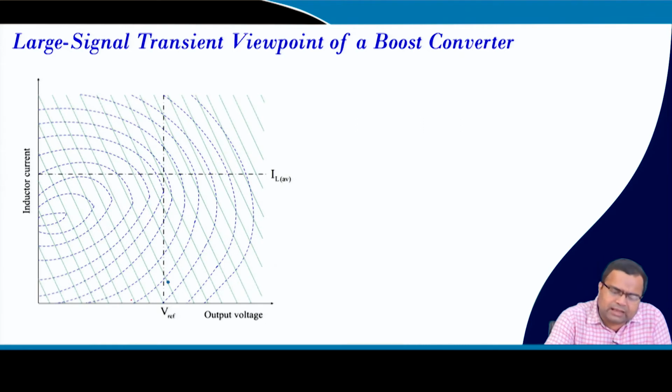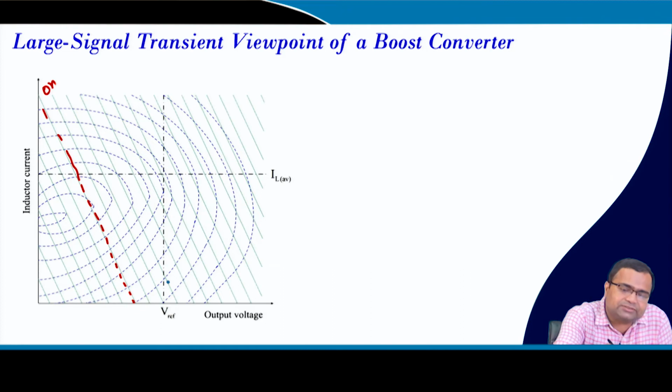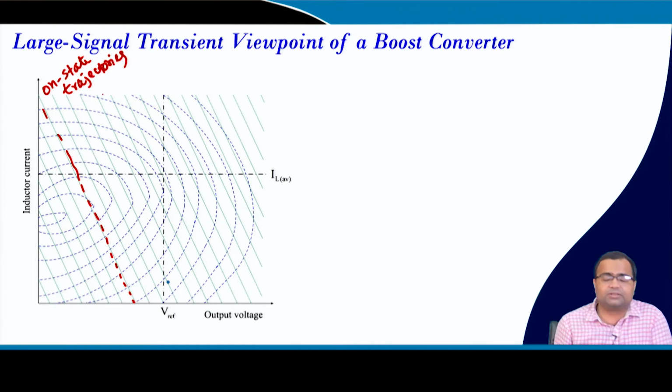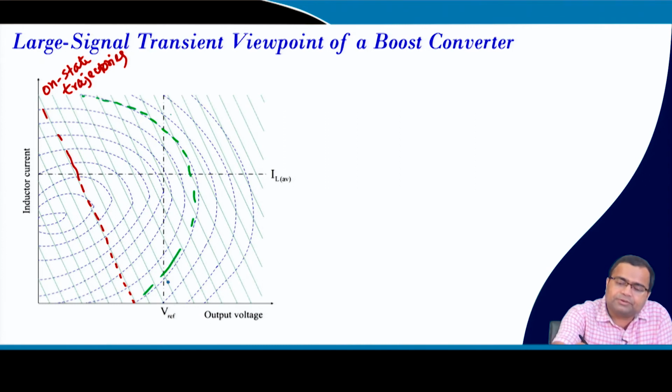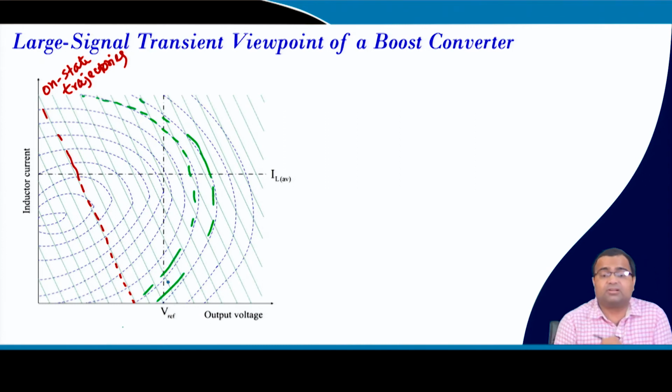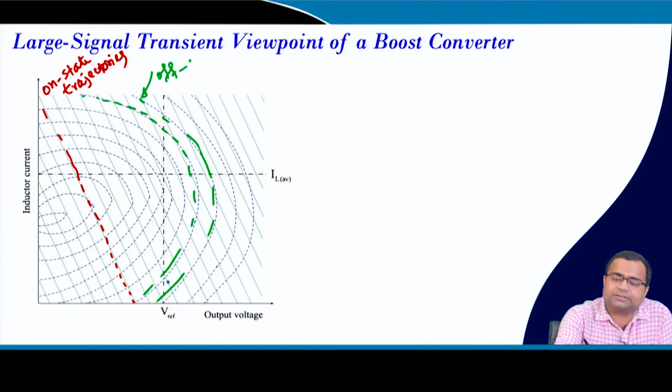So, you can see these are the on state trajectories, the blue line, and if we take the green one, that means if I take this kind of waveform, there is a family of these curves, these are my off state trajectories.